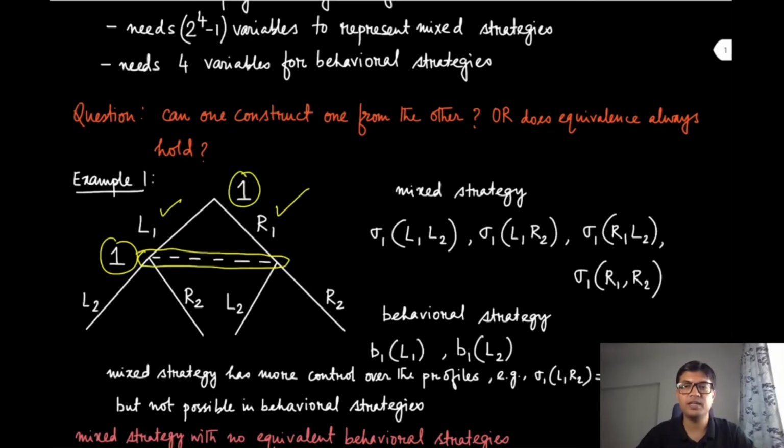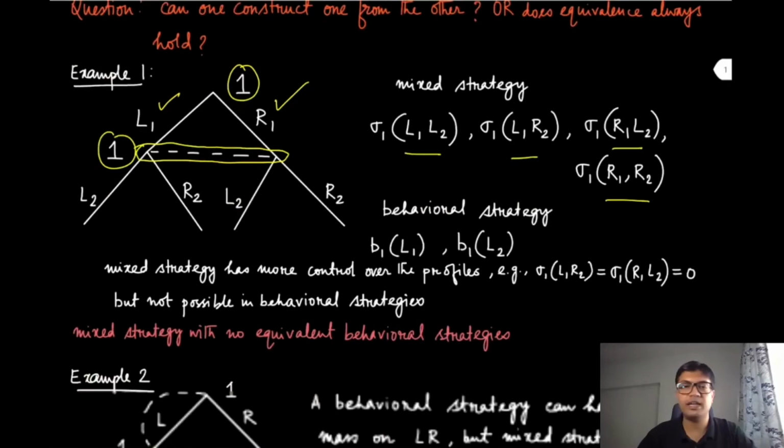And therefore, if you want to represent this in the form of a mixed strategy, of course you will have to keep all these numbers: L1 L2, L1 R2, R1 L2 and R1 R2, as we have done before. However, for behavioral strategies, you just need 2 numbers: B1 of L1 and B2 of L2. The other one will be just 1 minus that.